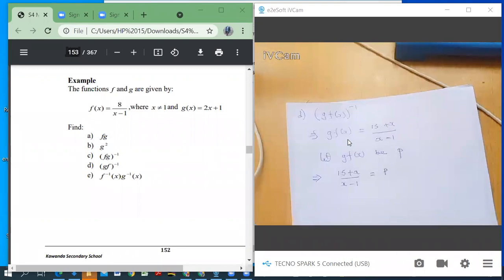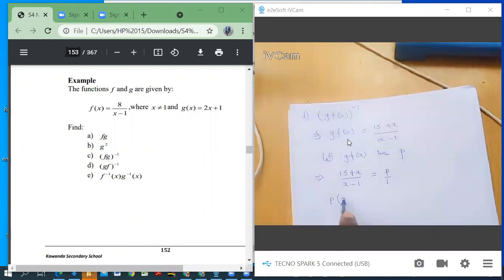After that, what next? We make x the subject by cross multiplying. So when we cross multiply, we shall have p into x minus 1 equals 1 into 15 plus x.